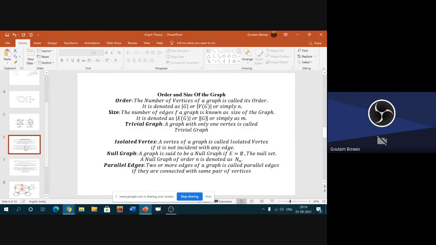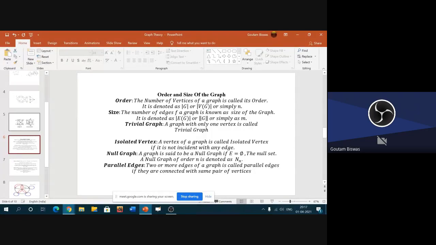And the size of the graph is defined as the number of edges of the graph. The order is denoted by mod G or mod of V(G) or simply by n, and the size is denoted by mod of E(G) or simply by m.